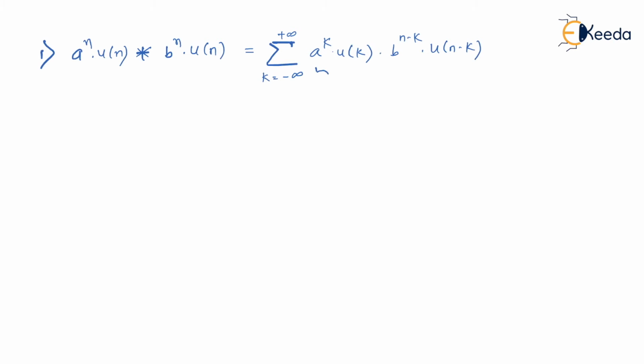So this is actually your x of k and this is treated as h of n minus k. So we assume that this whole is your x of n and this whole is your h of n.